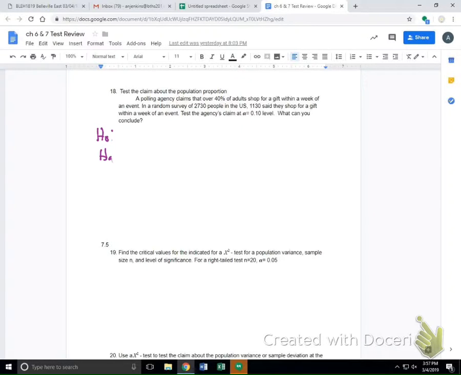So we see that P is greater than 0.40, which is my claim. And we see over here that P is less than or equal to 0.4. When we go into the back of our book to look for the alpha that's associated with this, remember, this is a right-tailed test, and then our alpha here is 0.1.